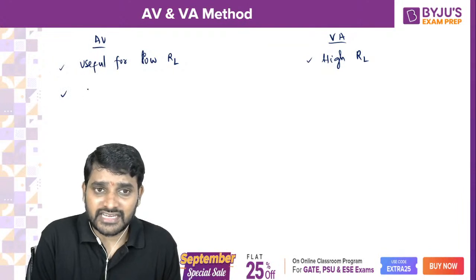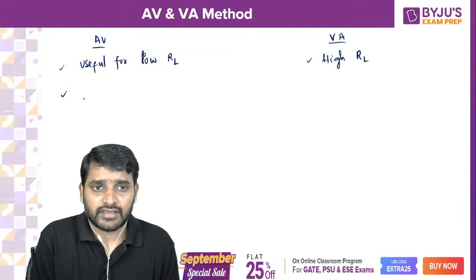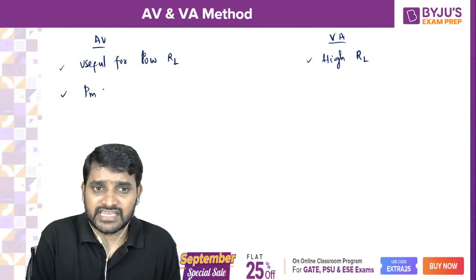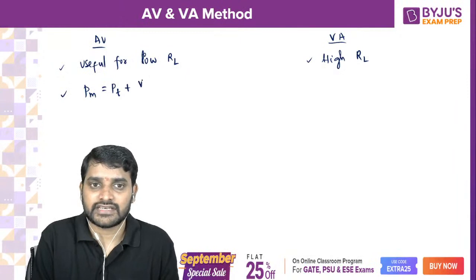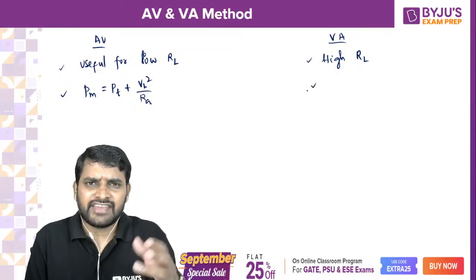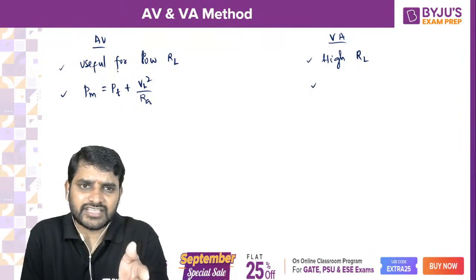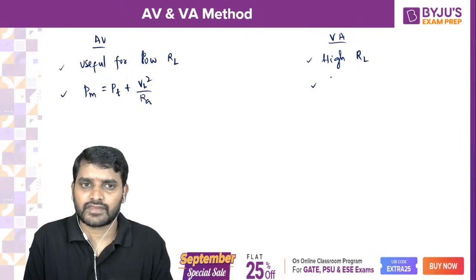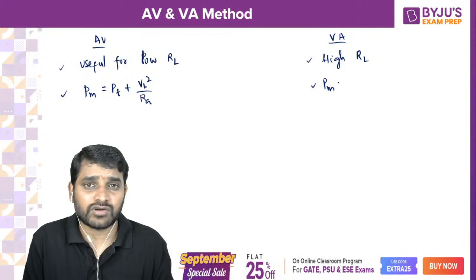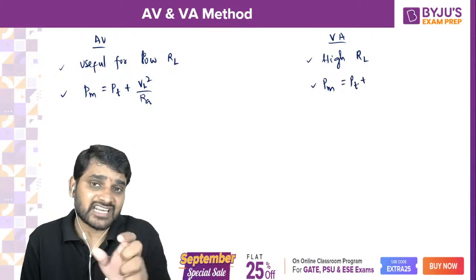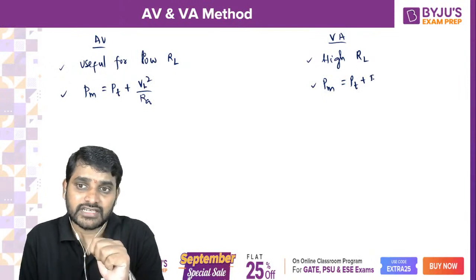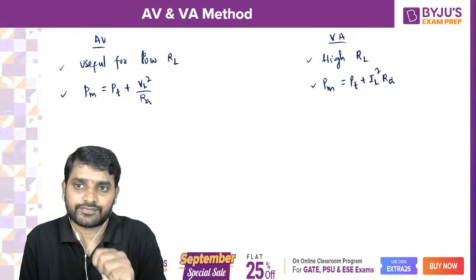Here in this error measurement, here also PM is greater than PT, that is PT plus error. The error is due to voltmeter, load side instrument, that is VL square by RV. AV method is same like LC short, and here PM is not equal to PT, PM is greater than PT, so PT plus the extra power loss is due to ammeter, so that is IL square into RA.